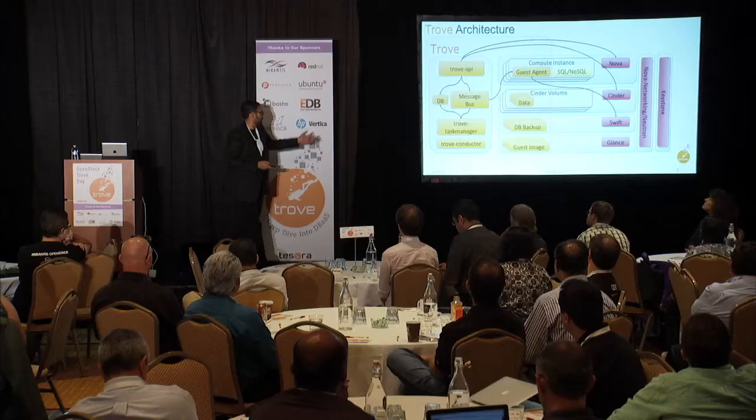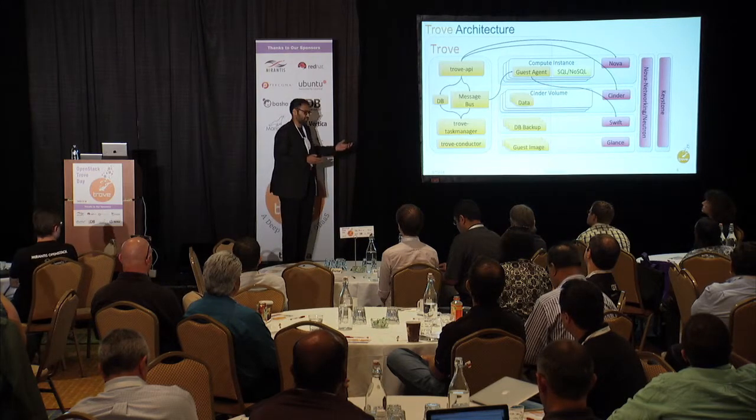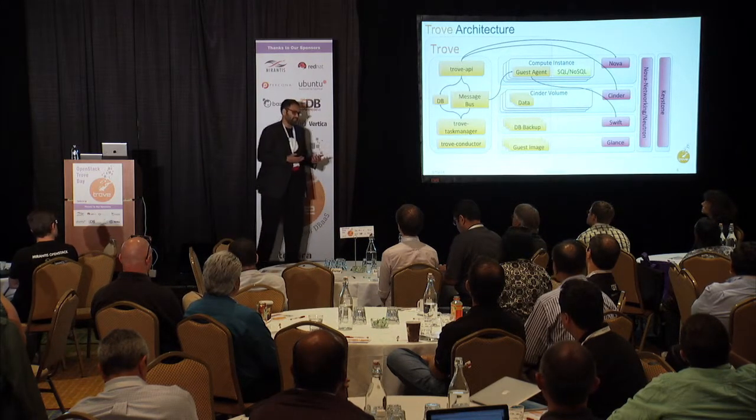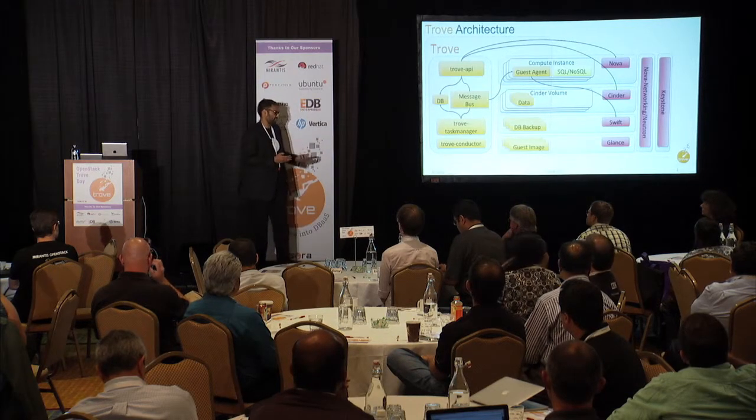The API service communicates with the task manager through a shared database and a message bus. Now, this database and message bus is shared with the rest of the OpenStack components.